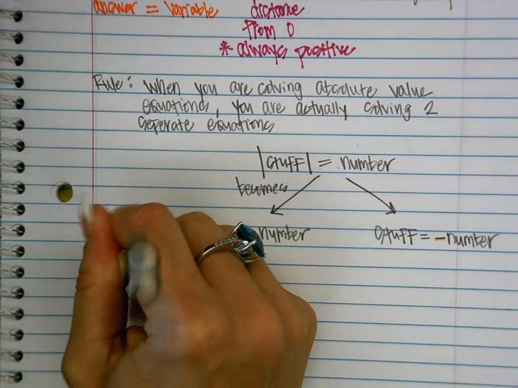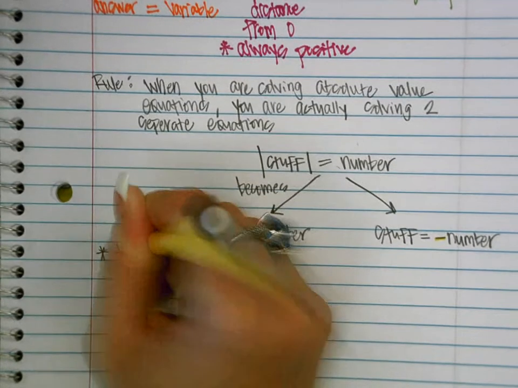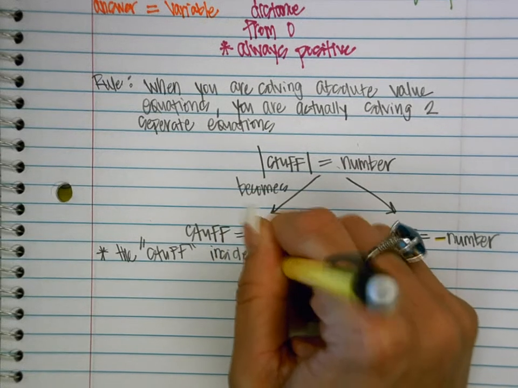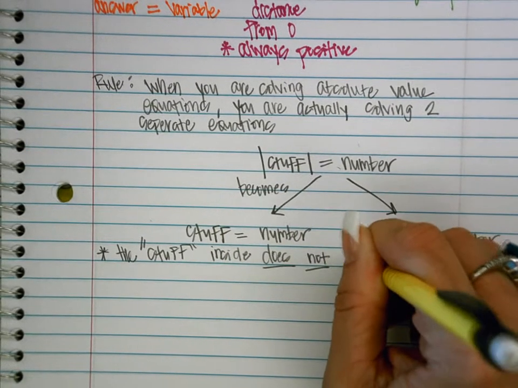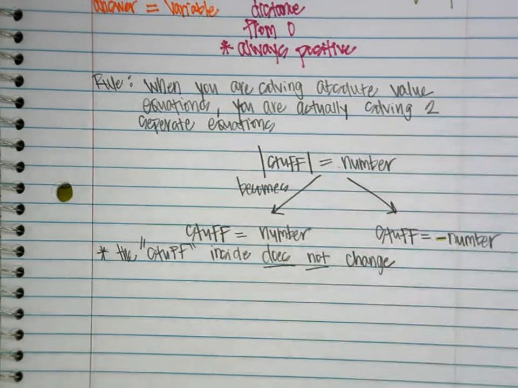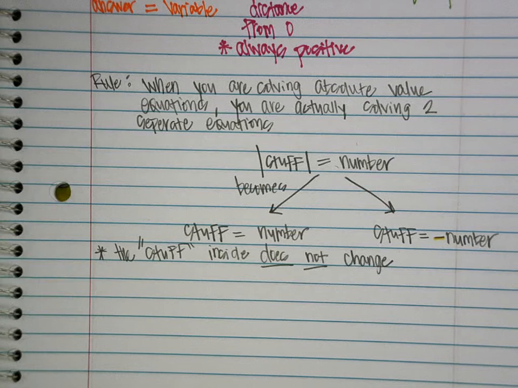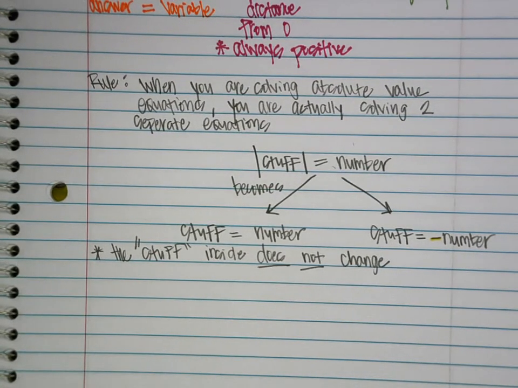The stuff inside does not change. So you are never going to change what's inside those bars. Okay, it never becomes negative like that. Okay, you're never changing it. Stuff inside does not ever change.